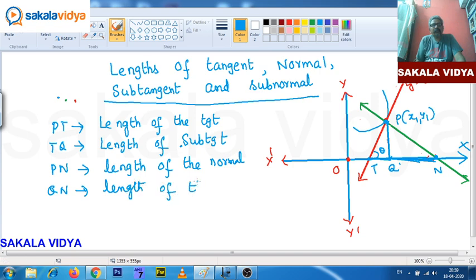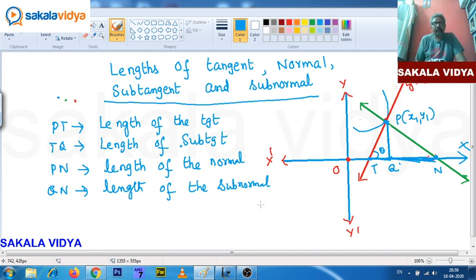Now, we shall have a discussion on how to find out the length of the tangent, normal, subtangent and subnormal to any curve. So, let us have a discussion on that one.